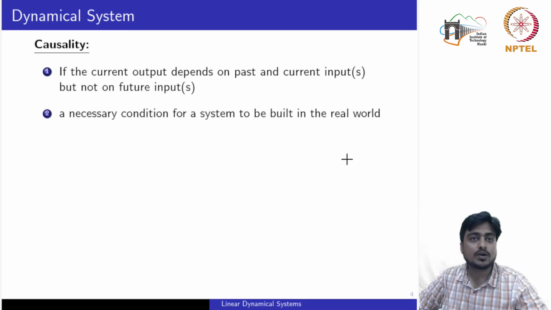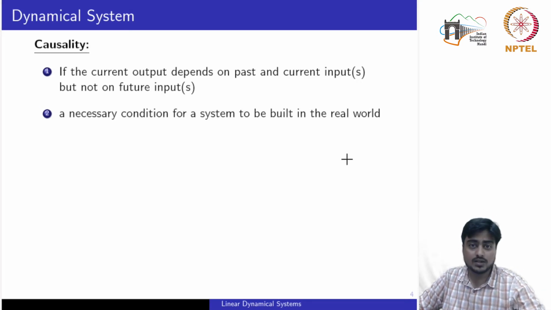So one of the most important properties of the dynamical system is causality. We define causality in the sense that if the current output depends on the past and current inputs but not on the future inputs, we say that the system is causal. Now causality is basically a necessary condition for any system to be physically implementable or realizable in the real world.